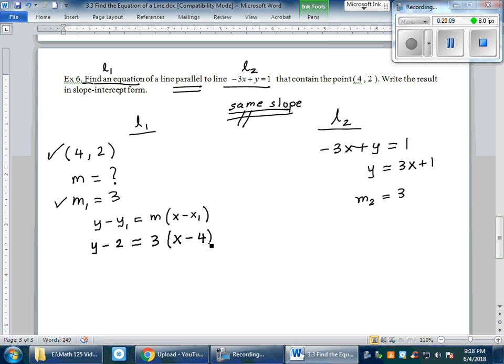And we want the result in slope-intercept form, so I'm going to have to simplify. Distributing on the right-hand side gives 3x minus 12. And then adding 2 to both sides, that will give me y equal to 3x minus 10, which will be my final answer. So we found the equation of the line which contained the point (4, 2) and is also parallel to this line.